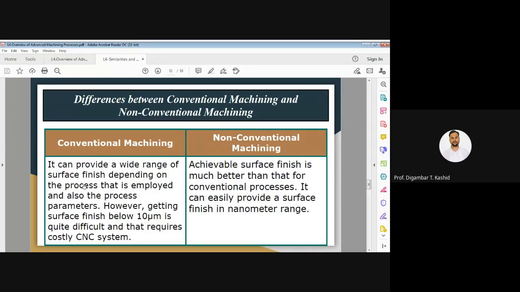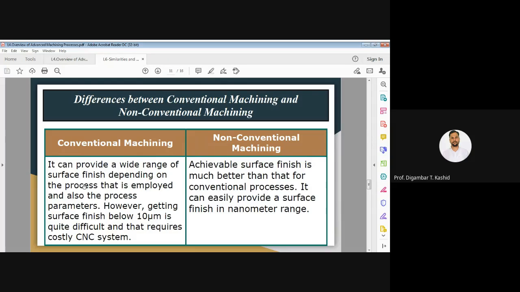In the case of conventional machining, it can produce a wide range of surface finish, depending on the process that is employed and also the process parameters.